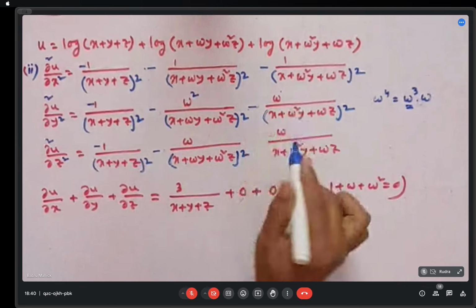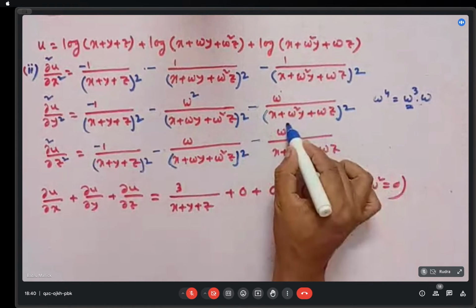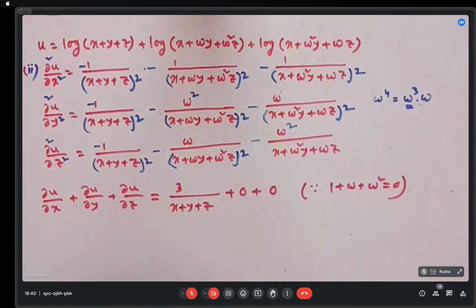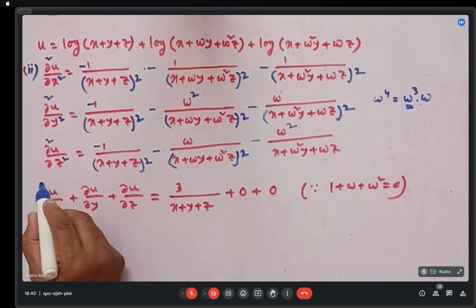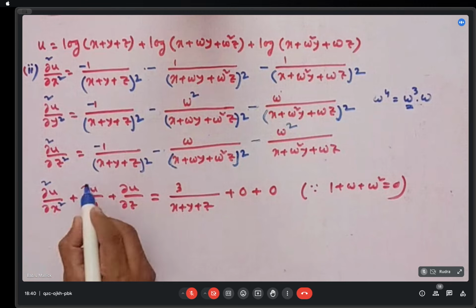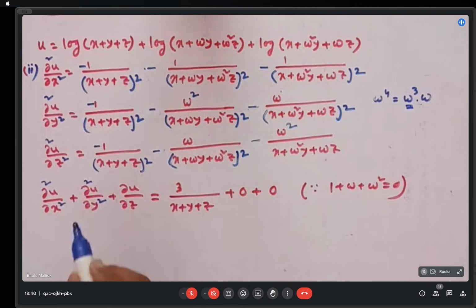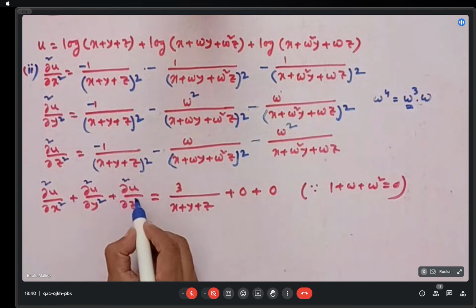Now third part. Third sum is this. That third part was this thing. Third sum was this thing.